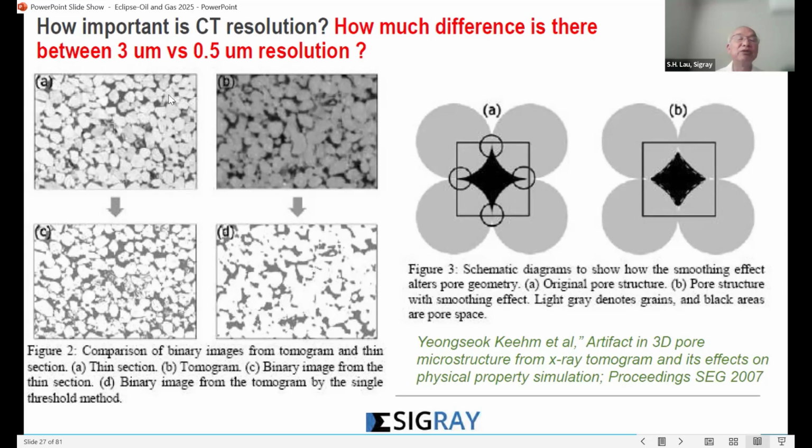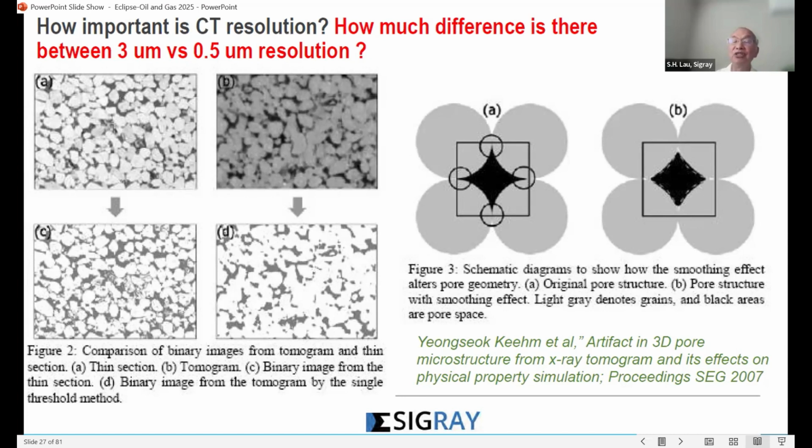If your resolution is 1 to 3 microns, all the sharp edges at the interface of your grain will be rounded out. So if your model shows that your pore space is rounded out, what will happen to your flow?